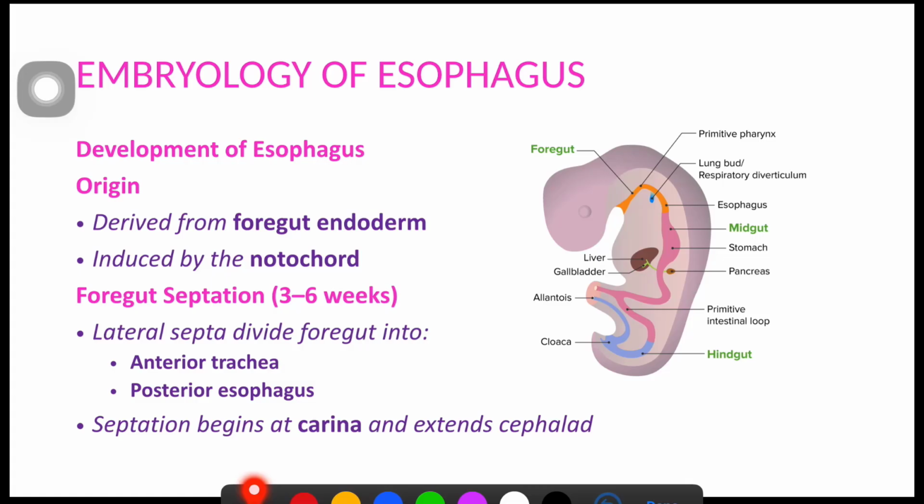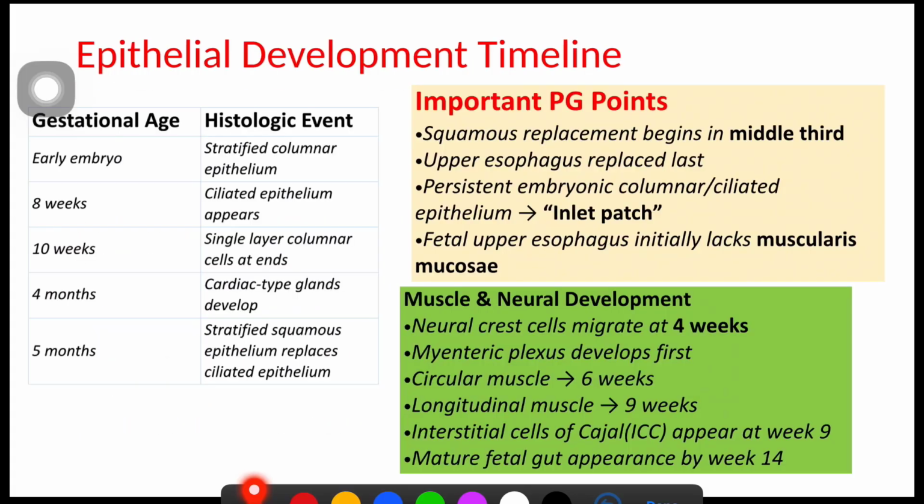So, the embryology of the esophagus: let's see how the development of the esophagus occurs. It derives from the foregut, and this foregut septation happens at 3 to 6 weeks. When septation occurs, the anterior portion is converted into the trachea and the posterior into the esophagus.